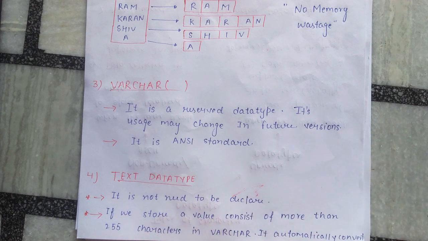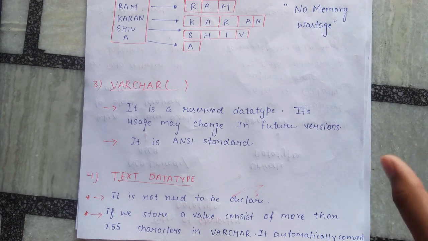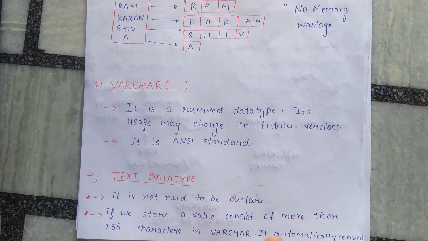Okay, so if you are going to store a value that consists of more than 255 characters in varchar, it will automatically convert it into text data. We need not specially declare a column with text data type. No, we do not need to. It will automatically convert to text whenever we enter a value that consists of more than 255 characters.